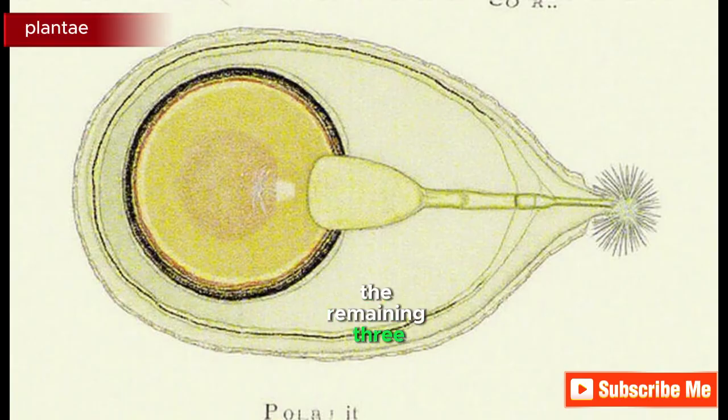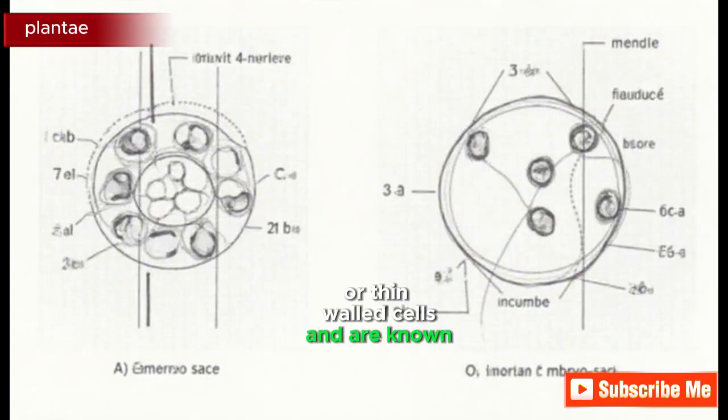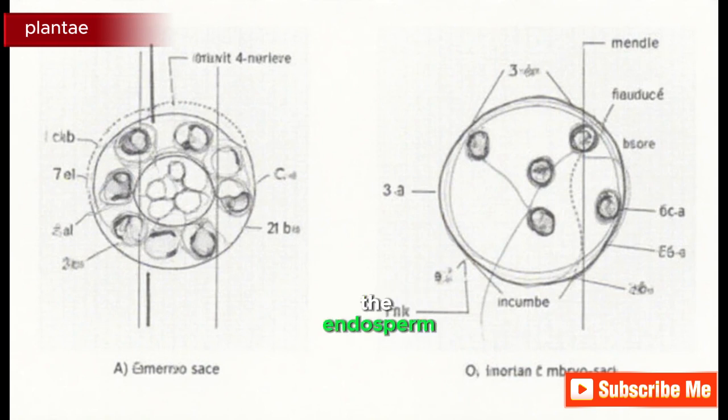The remaining 3 at the chalazal end of the embryo sac are organized into small, naked or thin-walled cells and are known as antipodal cells. They usually degenerate, but in some cases they are active and divide to form a tissue. They are supposed to be nutritive in function and supply food till the formation of the endosperm.